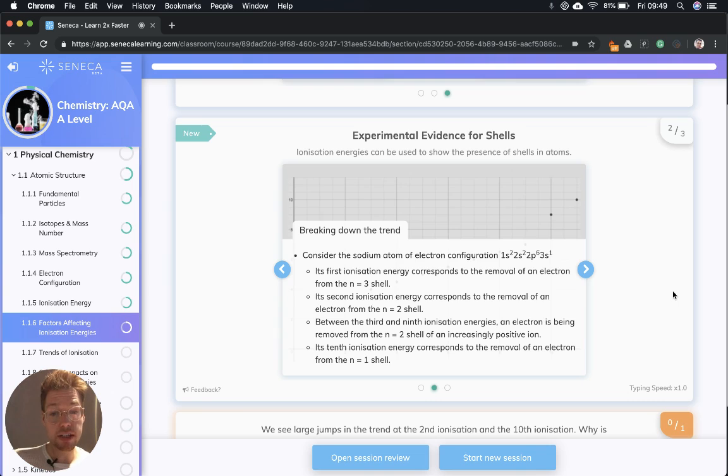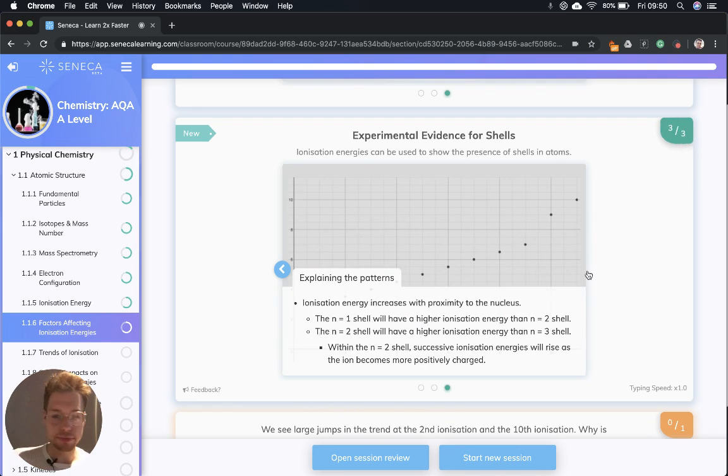Between the third and ninth ionization energies, an electron is being removed from the n equals 2 shell of an increasingly positive ion. Then finally, the 10th ionization energy corresponds to the removal of an electron from the n equals 1 shell. Remember, the first few shells hold 8 electrons, and then the first shell holds 2 electrons. So that can help when looking at this trend.